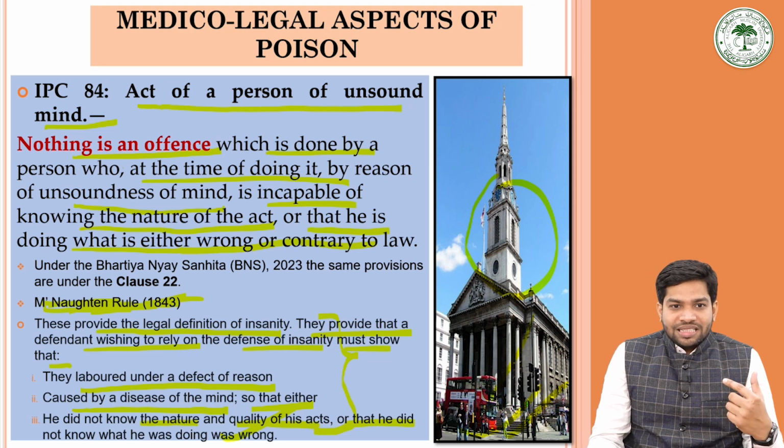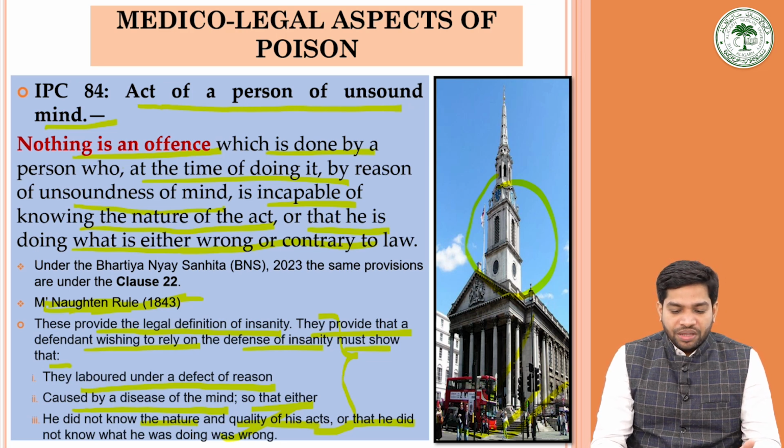So this same Section 84 of IPC is applied in case of involuntary intoxication. Under the influence of intoxication or drunkenness, a person becomes of unsound mind and does not know the nature of the act, what he is doing.